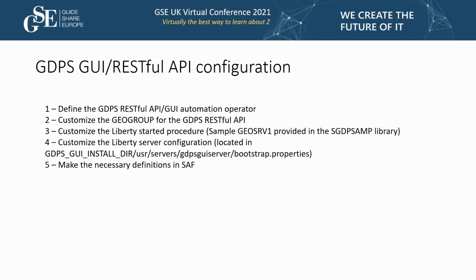Finally, as we mentioned earlier, there is some SAF definition to make in order to allow the Liberty server to run authorized operations, and also to define which users will be granted access to the GDPS GUI and RESTful API.